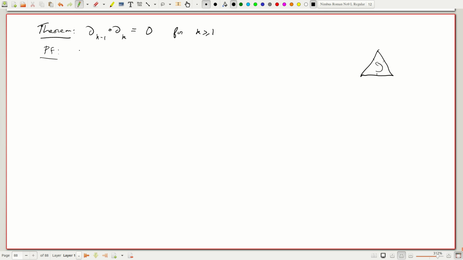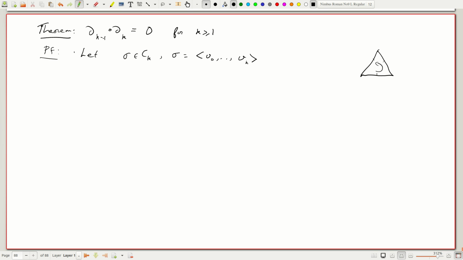Okay, so this remember is a map from Ck. So let sigma belong to Ck, and let's write sigma as V0 through Vk. Not every element of Ck is of this form, but it's a linear combination since we are talking about a free module with this as a basis.